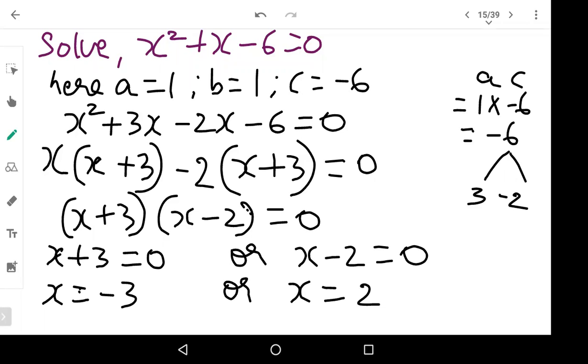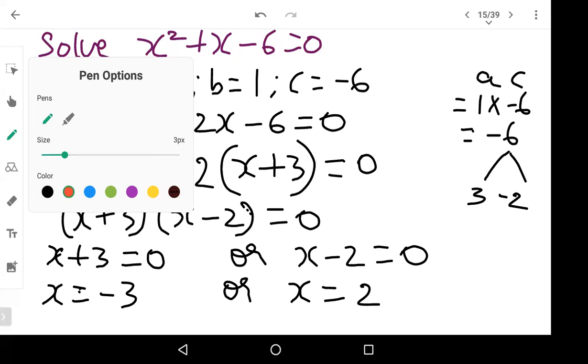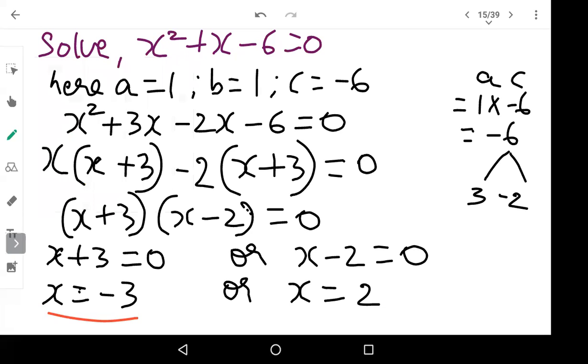So the roots of these equations are x is equal to minus 3 and x is equal to plus 2. Did you all understand? Everybody understood? Can we go to the next question then?